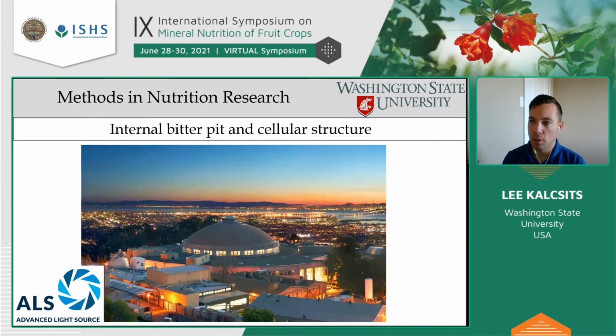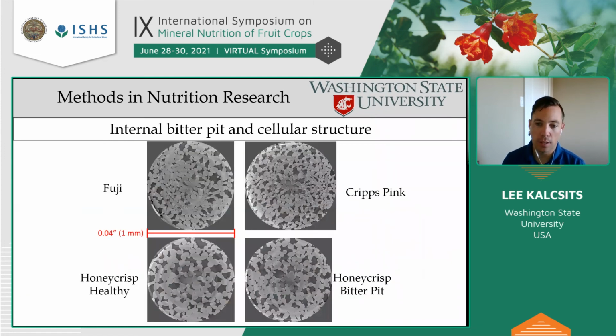And lastly, I just want to quickly cover some work we've been doing on internal bitter pit and cellular structure. So this is with the microtomography X-ray CT line at Advanced Light Source. Here we have Fuji and Crisp Pink on the top and Honeycrisp on the bottom. You can see the light gray represents individual cells, and the dark gray areas represent airspace or porosity.